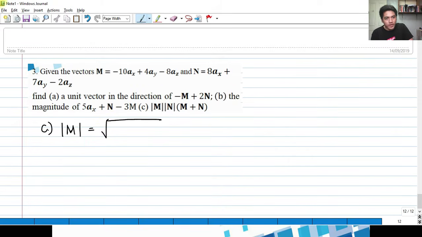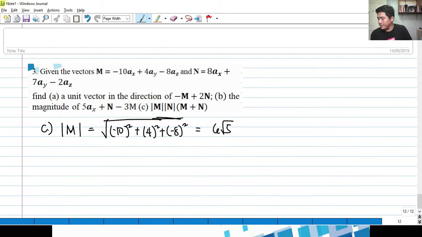We get the magnitude of vector m by negative 10 squared plus 4 squared plus negative 8 squared, square root. So if you get the magnitude of this m right here, I think it's 6 square root of 5 if I'm not mistaken.